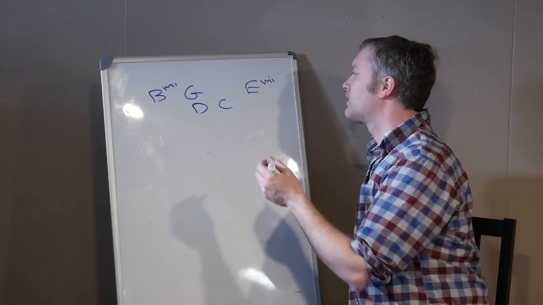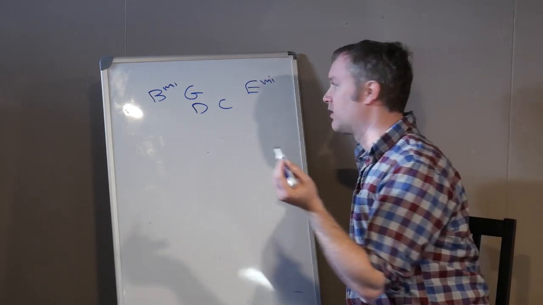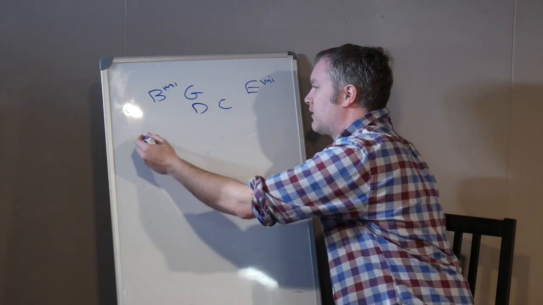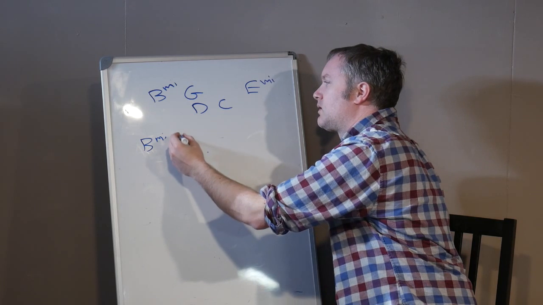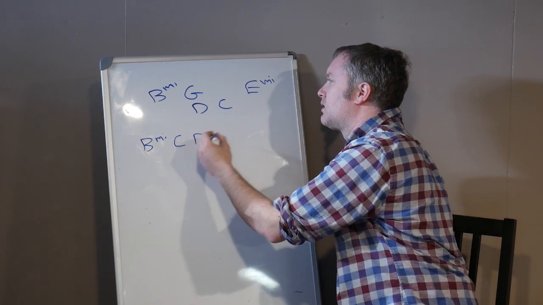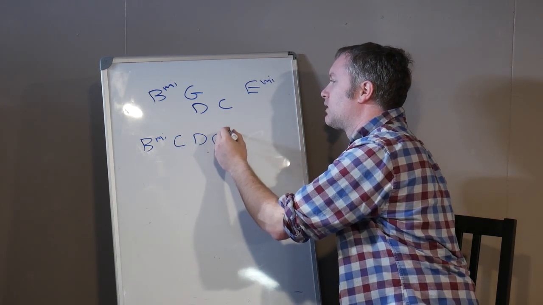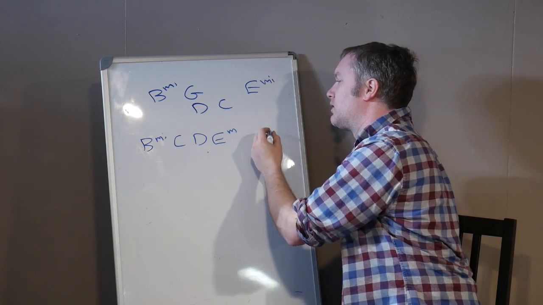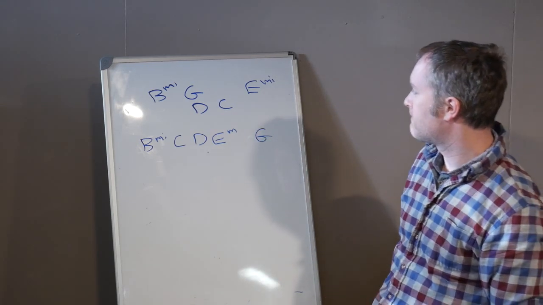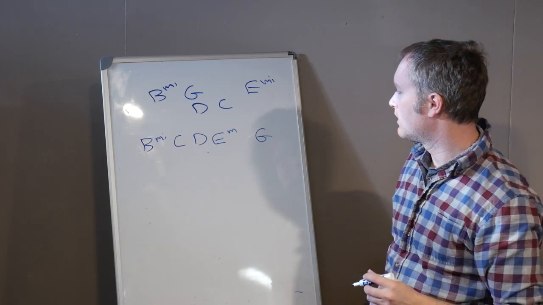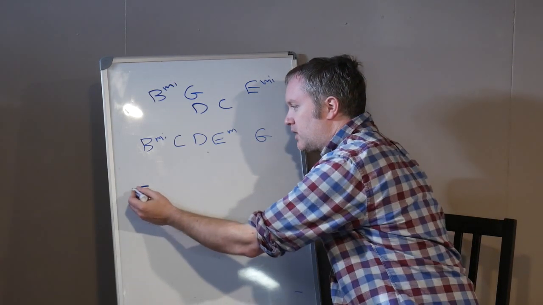Alright, so we're going to put these in alphabetical order. Looks like we have B minor first, C, D, E minor, and G. Alright, so we're going to write this down here.